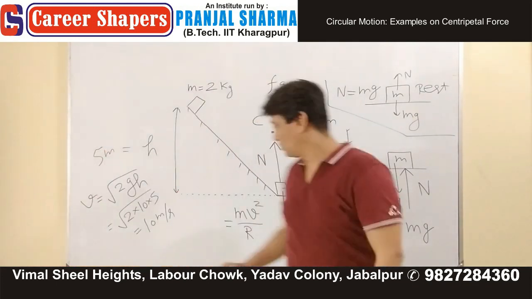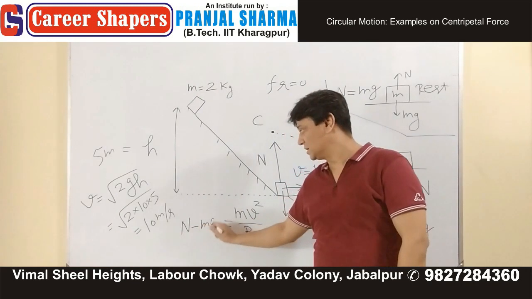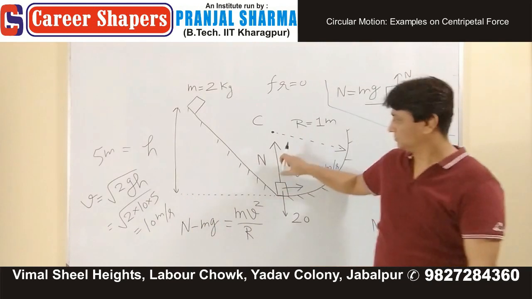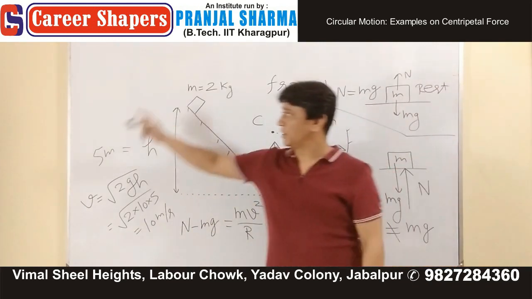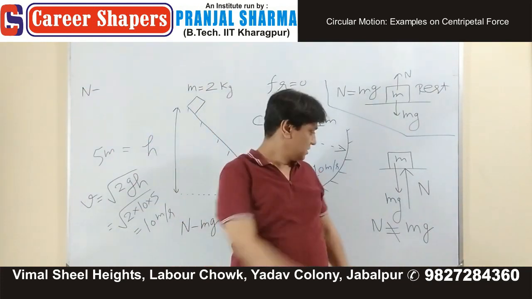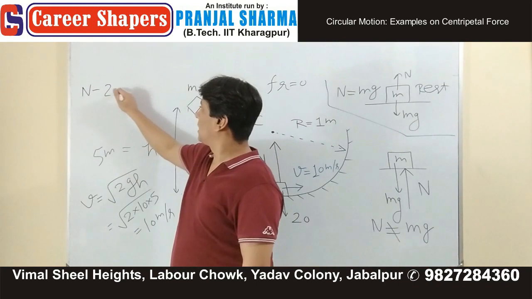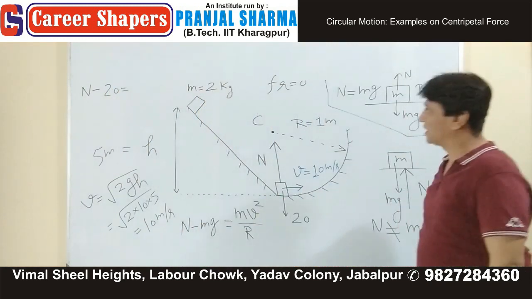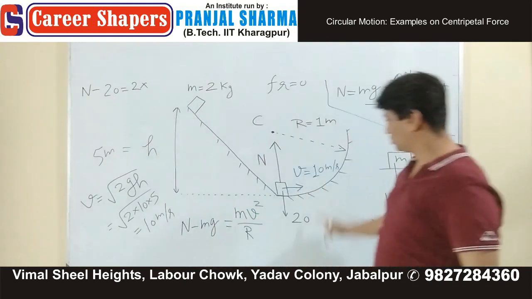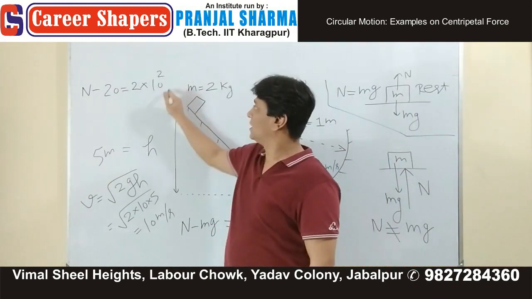So what is the net force? Net force is N minus mg. Over here, N minus mg. What is mg? 20. m, the mass of the object, is 2. v, how much is v? 10 squared divided by r.